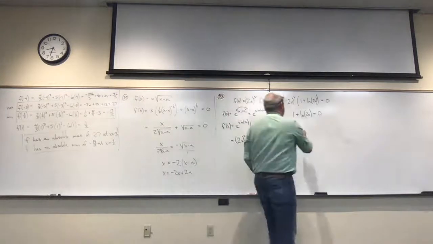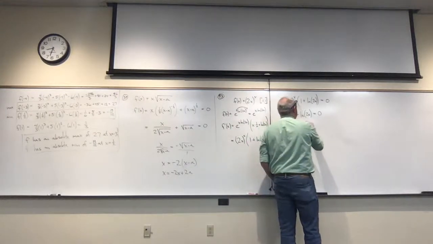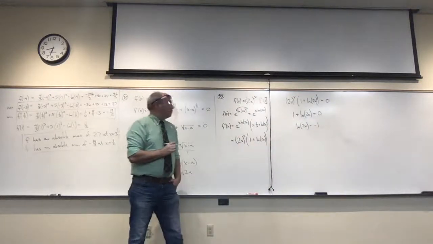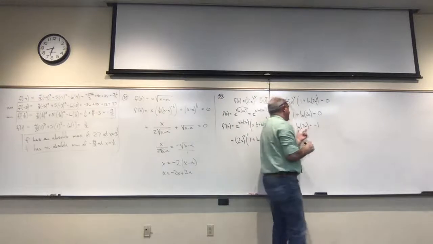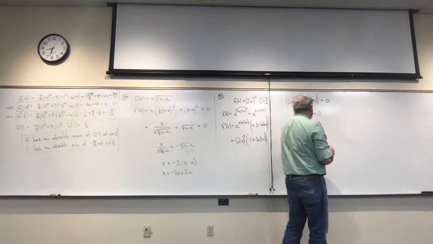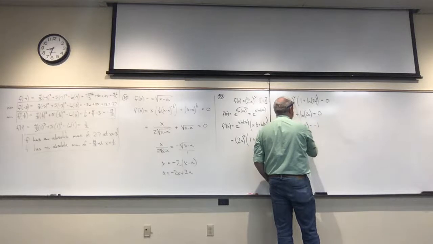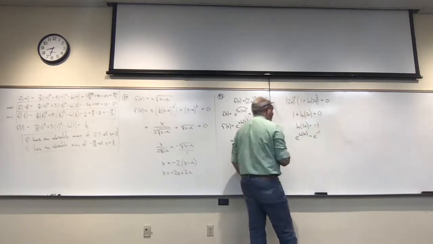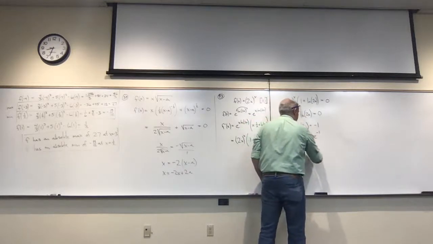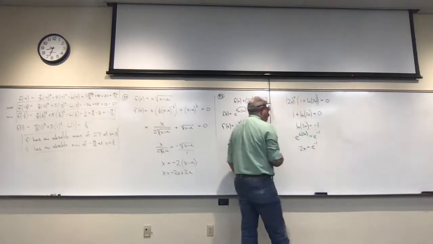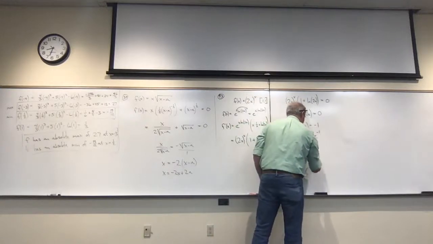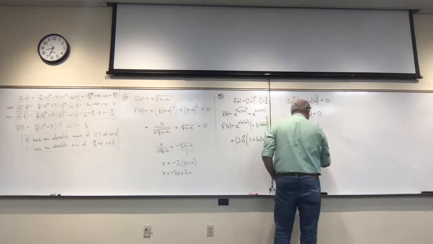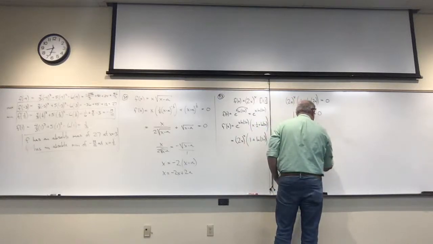Which would mean that ln of 2x would have to be negative 1, which would mean that if I raise both sides as e to this power equal to e to this power, then I'd have e to the ln of 2x is equal to e to the minus 1, or 2x is equal to e to the minus 1, or x would be equal to, I suppose I divide both sides by 2, and I get that this is 1 over 2e.